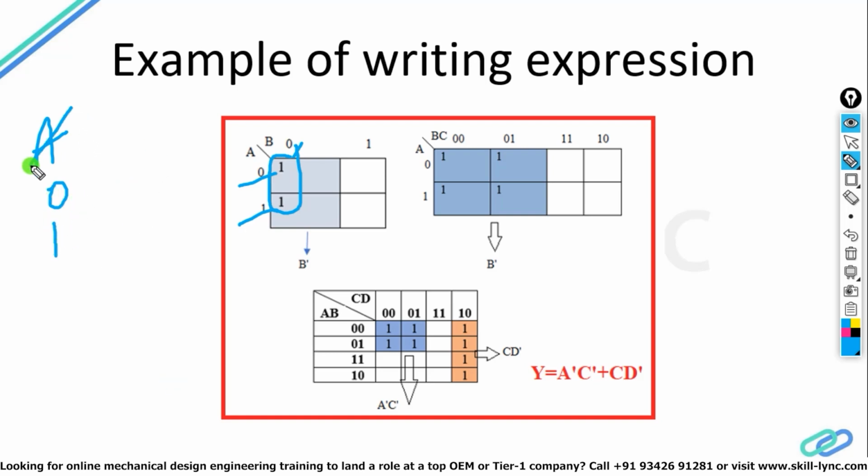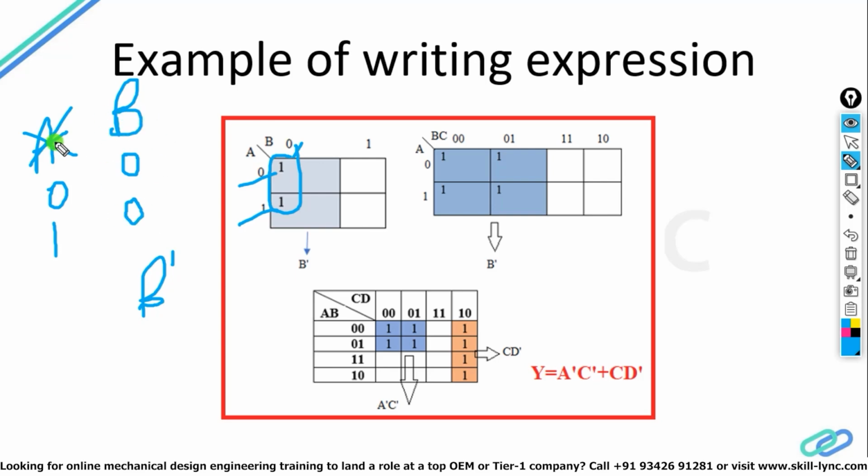So I am not taking the variable A. Now above is written B. This one corresponds to 0 and this one also corresponds to 0. Both ones correspond to 0, and 0 corresponds to B. So 0 means B bar. So the simple answer is B bar.